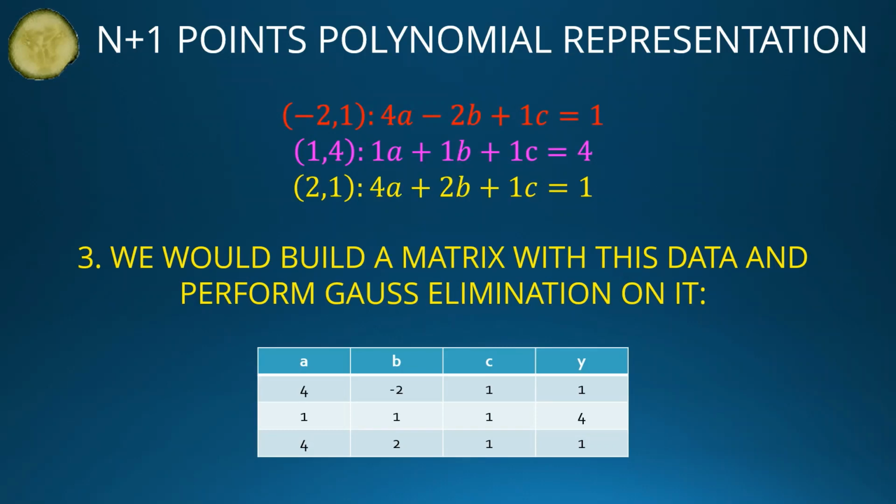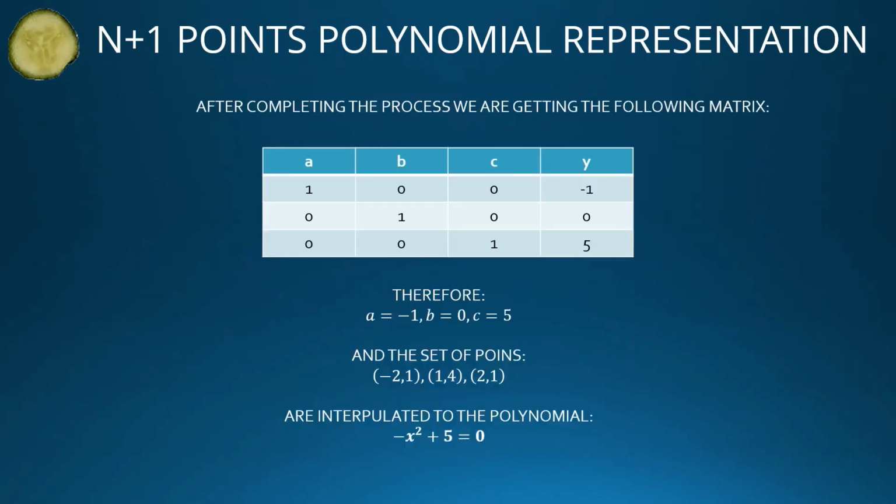Alrighty. Now, the first step is we build a matrix with this data and perform Gauss elimination on it. As you can see, here are our values and here is our matrix. After we perform the Gauss elimination on it, we get the following matrix.